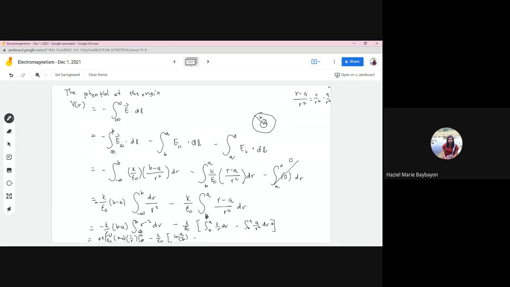Okay. And then, this one, negative a. It becomes positive, class, because r is to the negative 2, so the integral is negative 1 over r. So, this will be positive a over r.